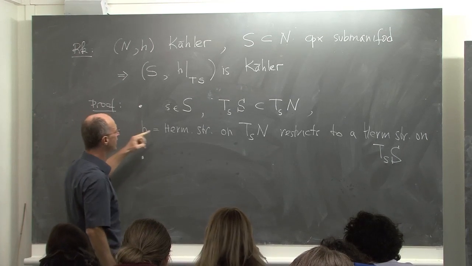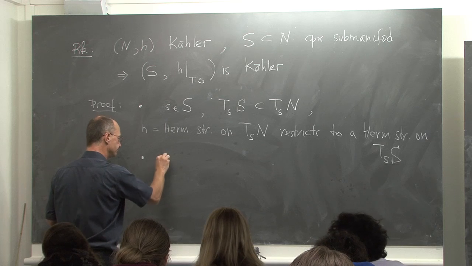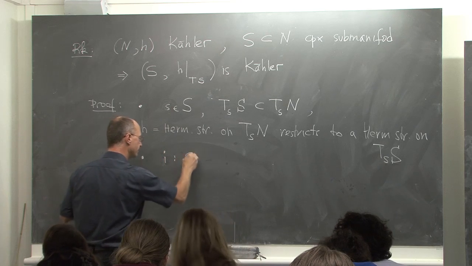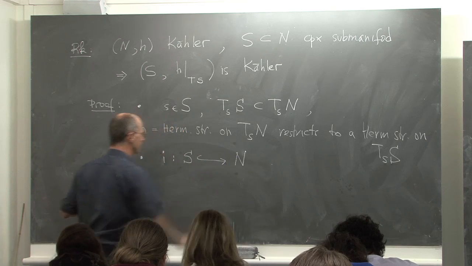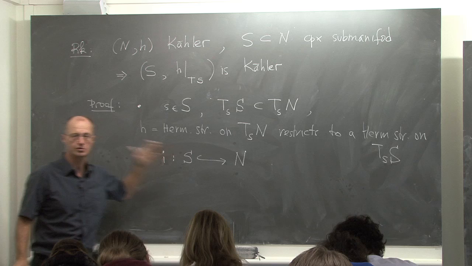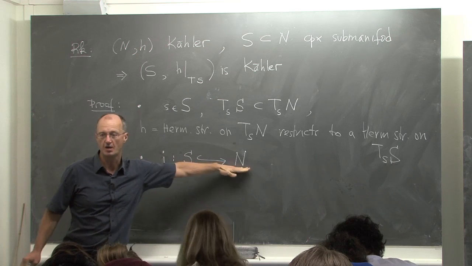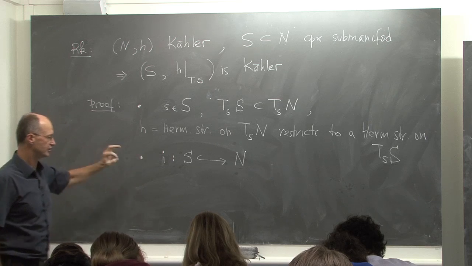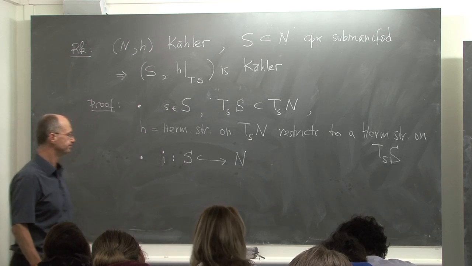Now, what about omega_S and omega_N? Let me denote by iota the embedding of S into N. S is a submanifold, so I can think of it as being embedded by some map, which just tautologically maps any point of S to itself.